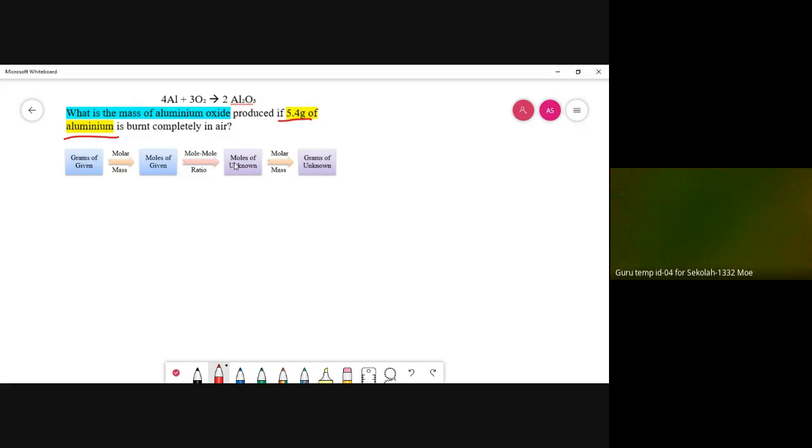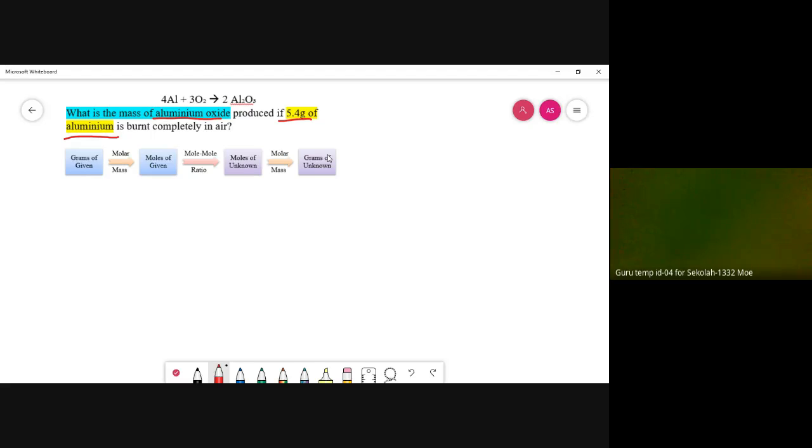Then you have to compare the mole from the chemical equation dengan the new mole, untuk dapatkan mole of the unknown. Unknown ni dia adalah benda yang soalan minta. In this case, soalan minta aluminium oxide. So, aluminium oxide tu adalah our unknown. Then, baru you boleh proceed to find the grams of the unknown.